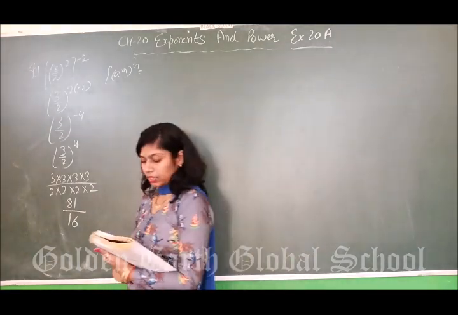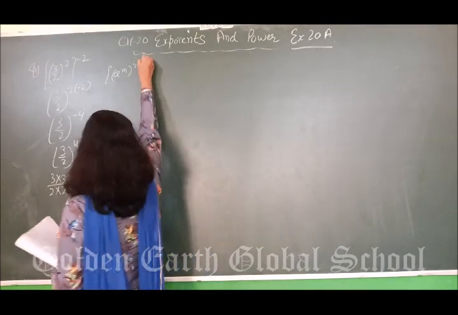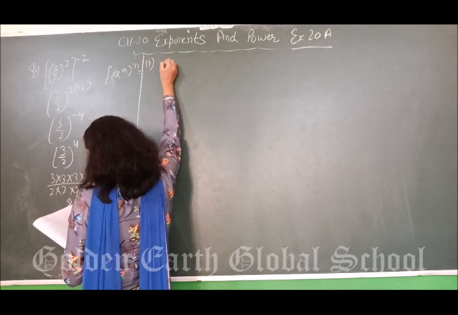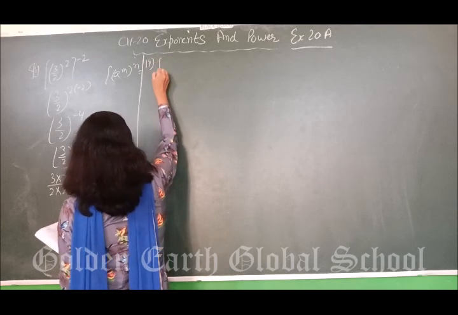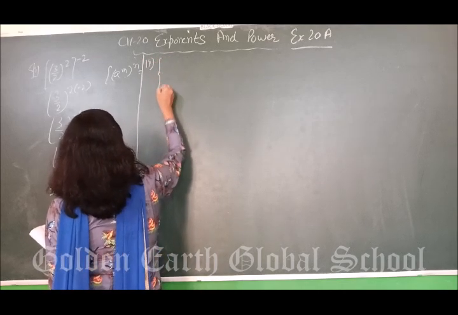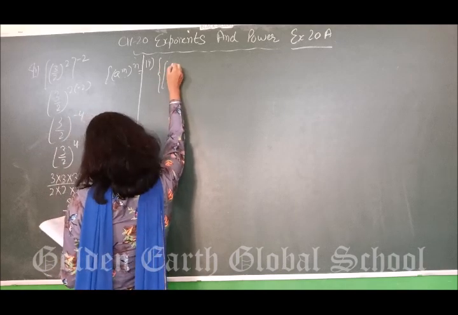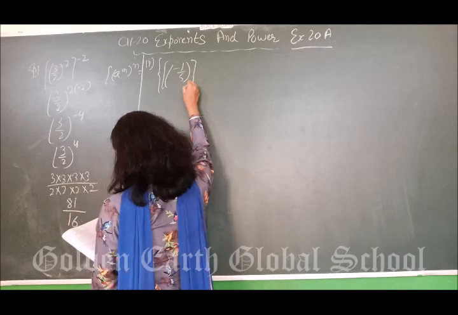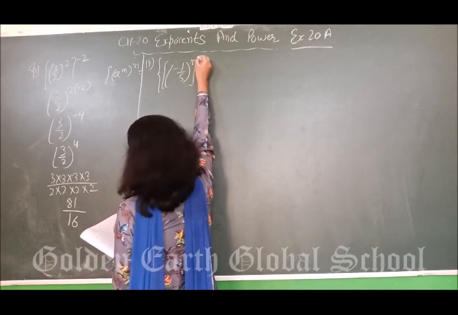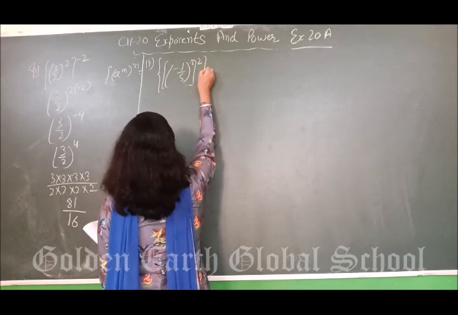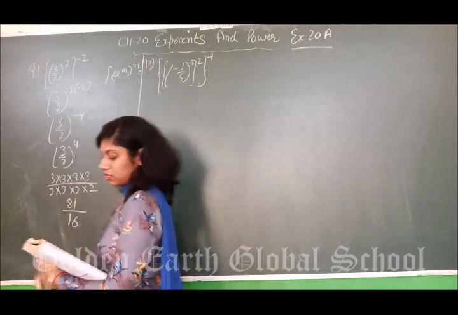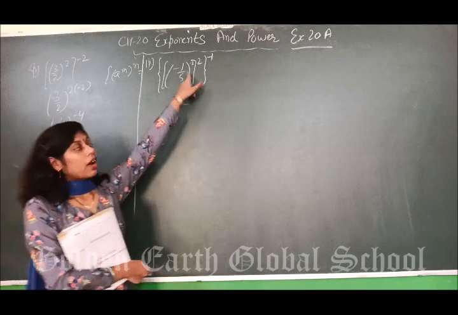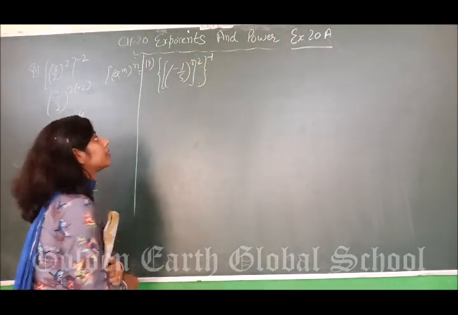Next third part, there are 3 powers. Here again same property we will apply. Minus 1 by 5, minus 2, 2, then minus 1. There are 3 brackets. So all the powers will get multiplied.